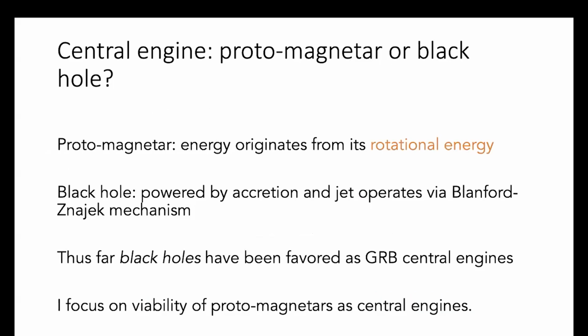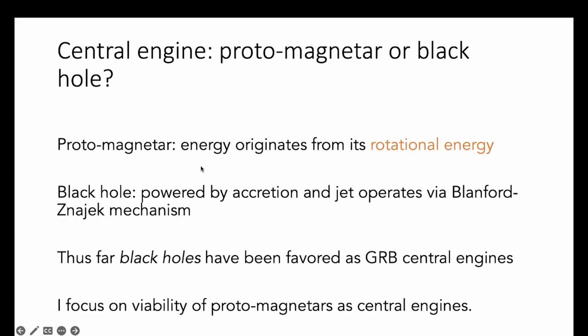Yeah, so another thing I just want to clear up is that the central engine, and yes, again, it can be either a proto-magnetar or a black hole. If it's a proto-magnetar, the energy has to come from its rotational energy somehow, the rotational energy of the neutron star. If it's a black hole, the idea is that it's powered by the accretion of material of, say, the progenitor massive star, either from the core or from fallback from outer layers.